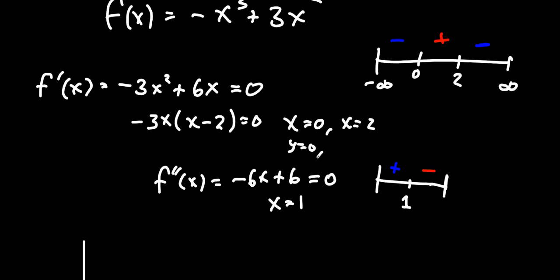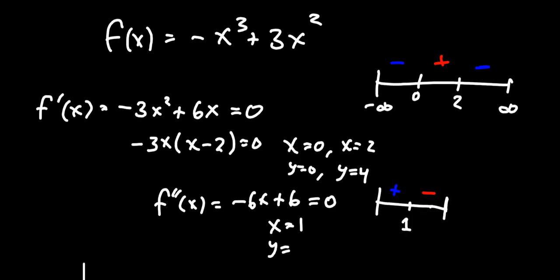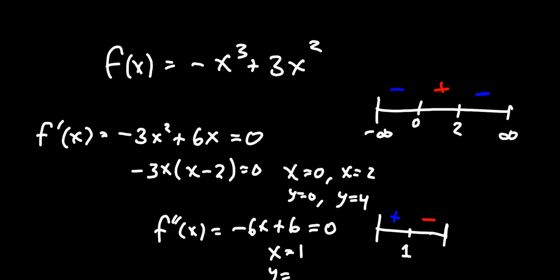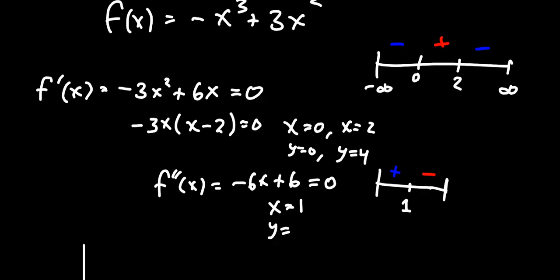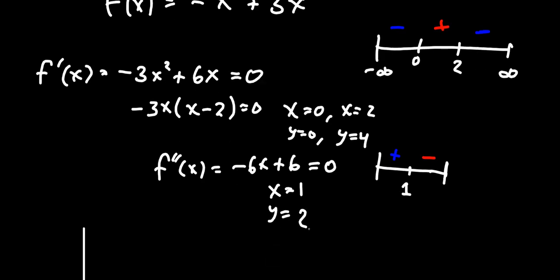And if we plug in 2, we get negative 8 plus 12, which is 4. And then, for concavity, it's at x equals 1. When x equals 1, y equals negative 1 plus 3, which is 2. So at 1, 2 will be the concavity switch.